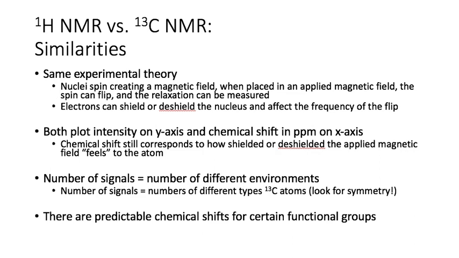The number of signals still applies to the number of different environments. So the number of signals you see still tells you the different types of carbon-13 atoms. Again, looking for symmetry is going to be really helpful in figuring out what types of molecules you have. And just like with proton NMR, there are predictable chemical shifts for certain functional groups.